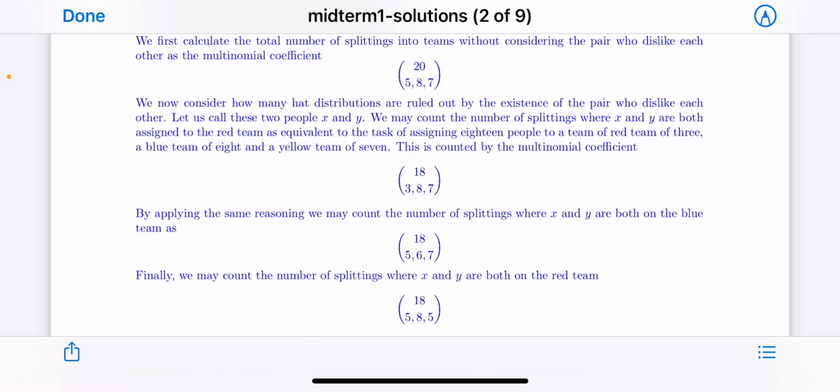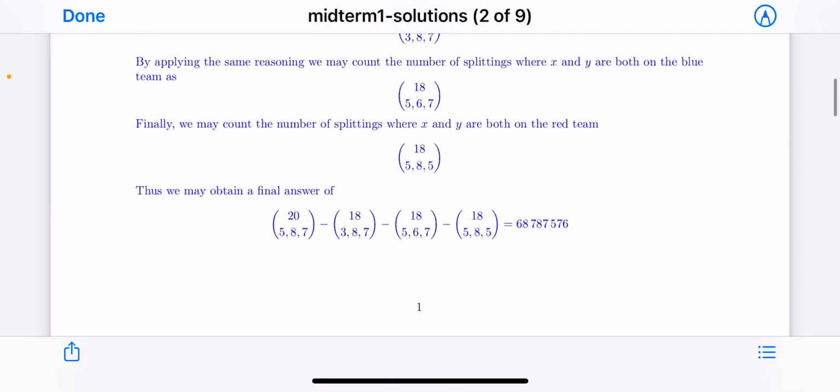So in conclusion, the final answer is 20 choose 5, 8, 7 minus the 3 other counts we figured out we needed to exclude. We subtracted these 3 other multinomial coefficients, and a computer told me this is 68,787,576. So that is what it is.